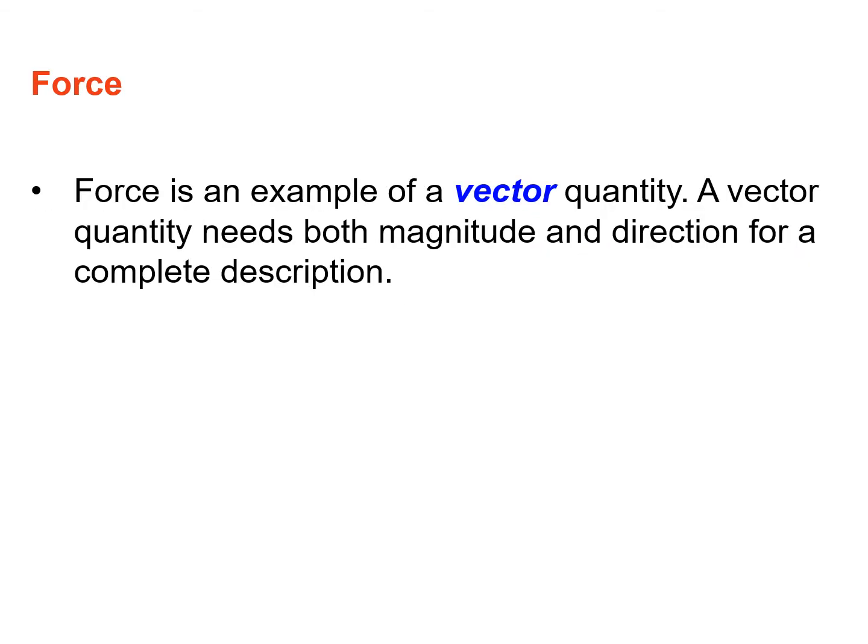Now this particular lesson is not really about force, it's about vectors. Force is an example of a vector quantity. A vector quantity is any measurement that needs both magnitude or size and direction in order to completely describe it.